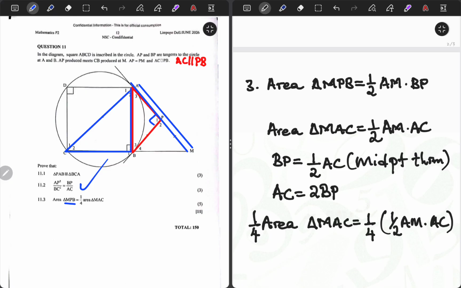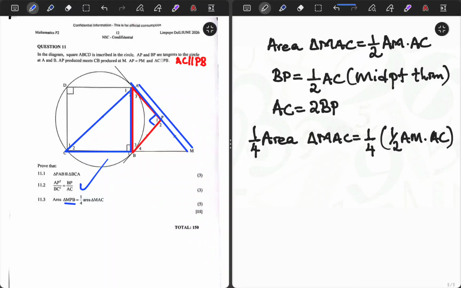Okay. So from there, let's see, we're going to have 1/4, 1/2 there, AM, and where there's AC will replace by 2 of what?